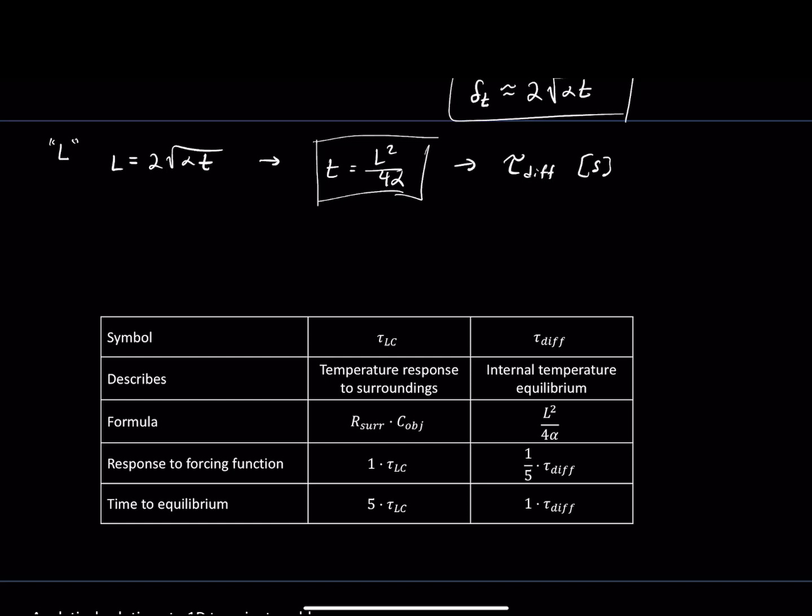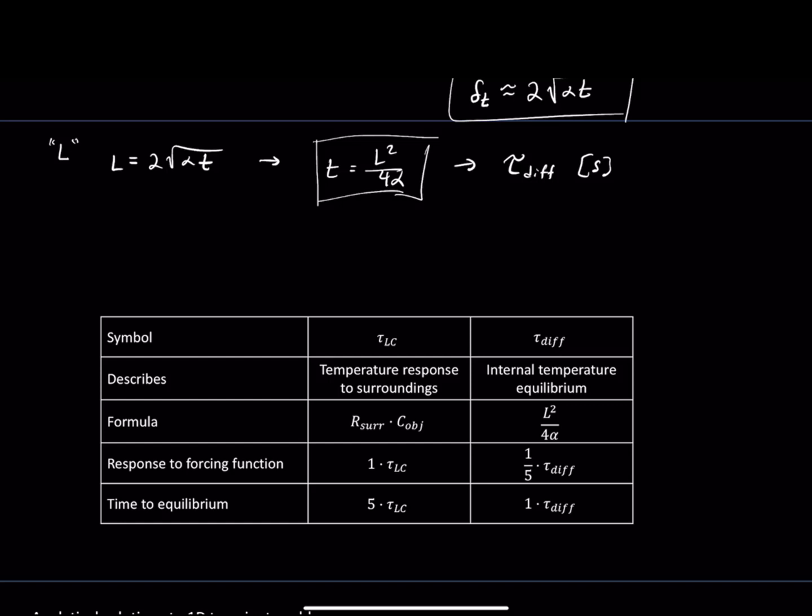Let's now take a minute to compare these two, and hopefully it'll become clearer what I mean by tau LC and tau diff. Tau LC is the temperature response to the surroundings. This is the bulk response of the entire body. The formula for this is the surroundings resistance times the capacitance of the object, mass times specific heat.